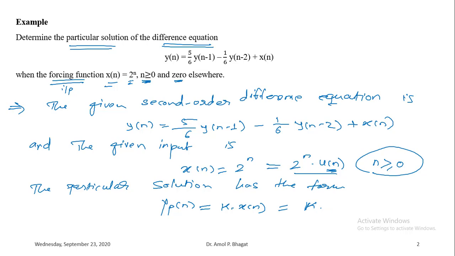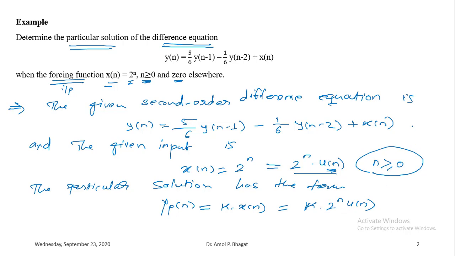It is given in the problem, x of n is equal to 2 raised to power n, but as it exists for n greater than or equal to 0, we have modified it as 2 raised to power n into u of n. So this yp of n has the form k into 2 raised to power n u of n.